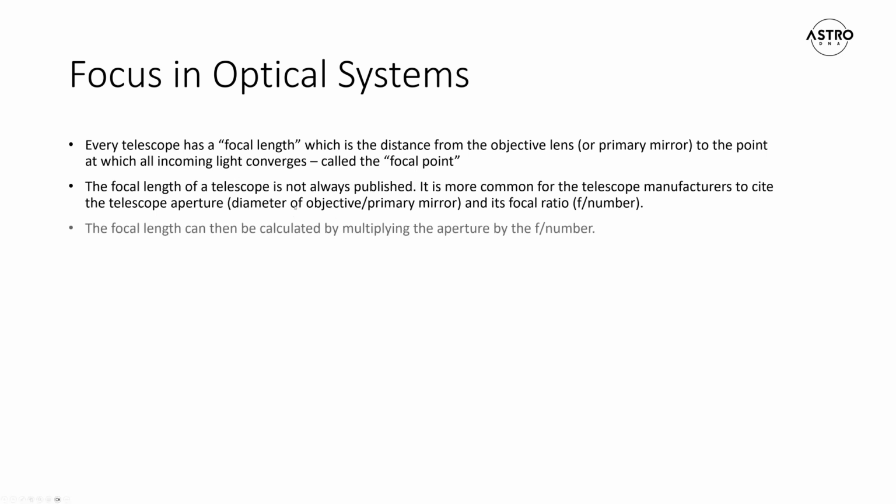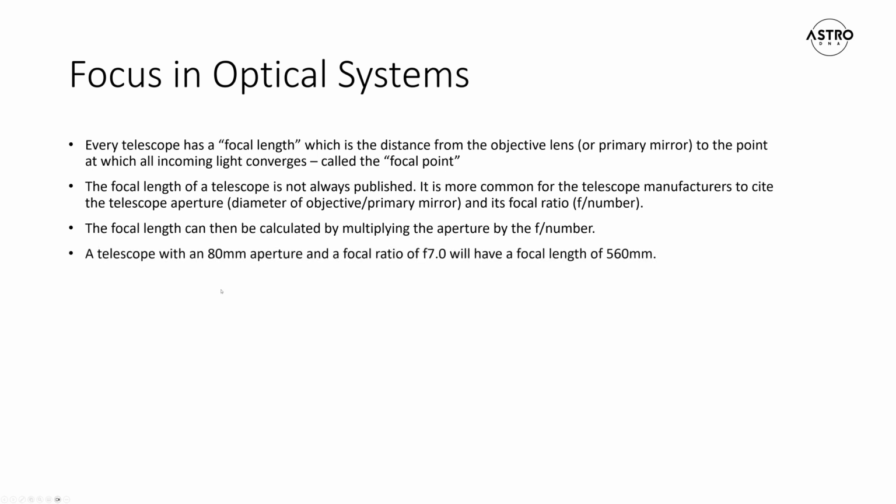And from those two data points, the focal length can be calculated simply by multiplying the aperture by the f number. So if we were to take an example, if we had an 80 millimeter aperture telescope, and it had a focal ratio of f7, then its focal length would be 560 millimeters.